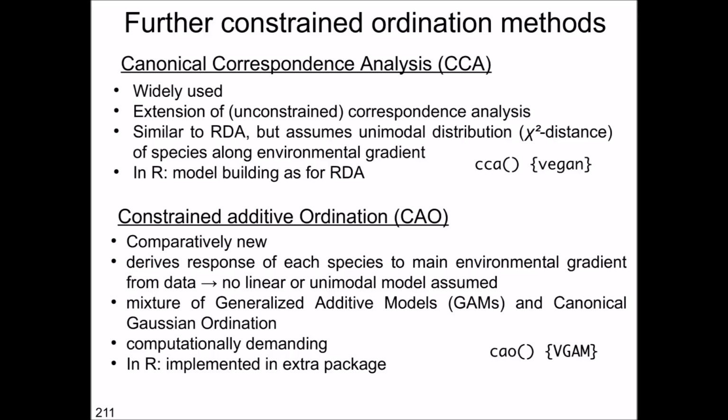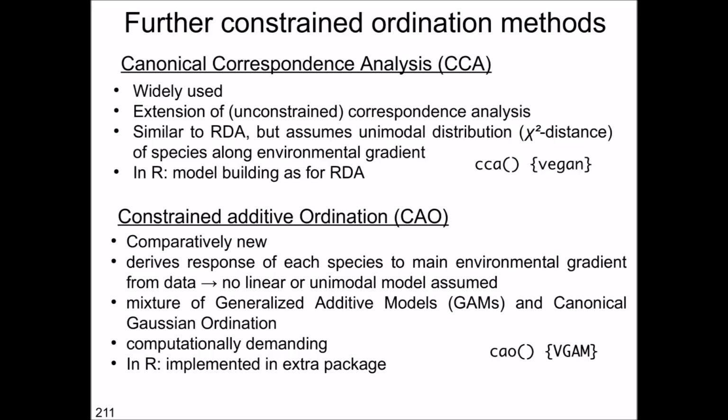In canonical Gaussian ordination, you assume a model, a linear response, whereas in generalized additive models you smooth a relationship; it's a smoothing technique for data that can be coupled to modeling data via predictors. The technique is computationally quite demanding.